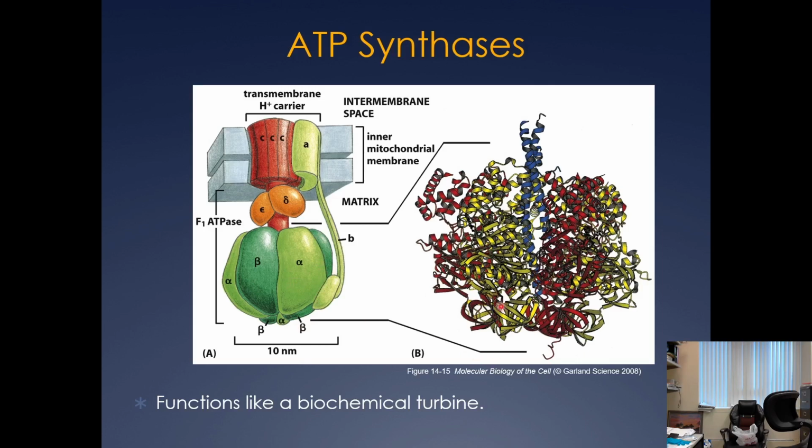And here's just the ribbon diagram of this F1 ATPase domain down here. If you want, I have written down here, it functions like a biochemical turbine. So if you have ever looked at a turbine spinning, you can think of it like that.